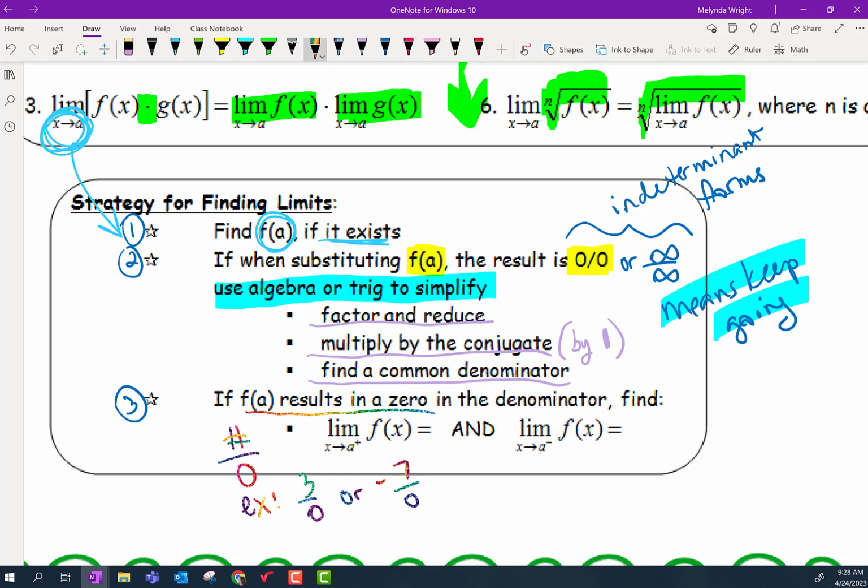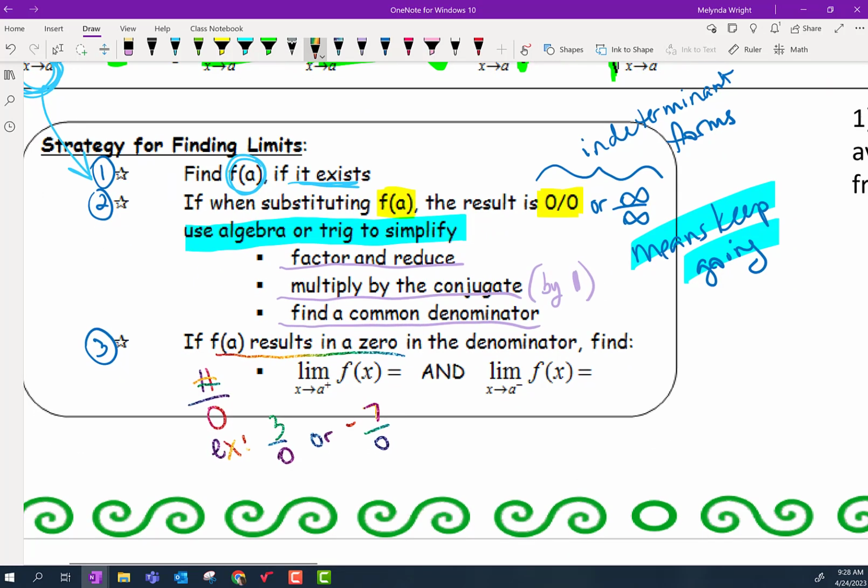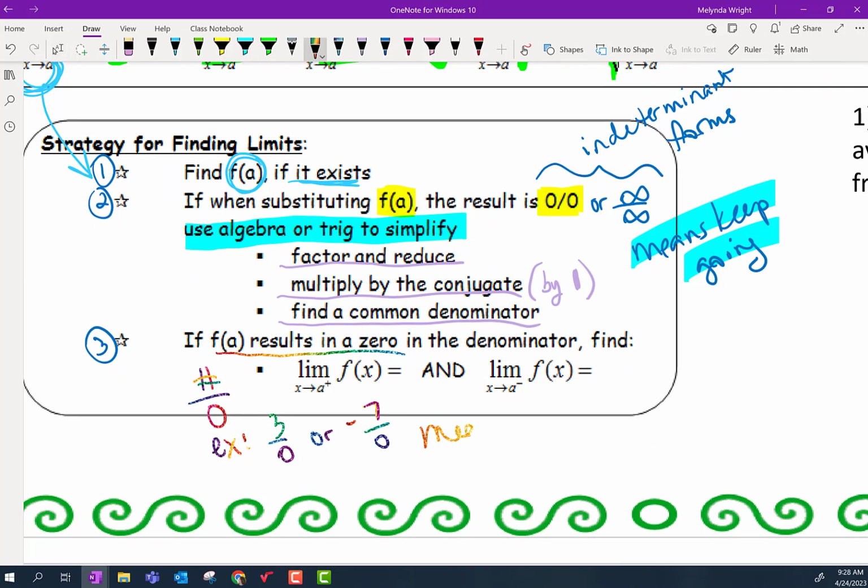And what that means is, so let's just write ourselves some notes. This means there is a vertical asymptote at x equals a. That's what that means. A number over 0 means there is a vertical asymptote at x equals a.